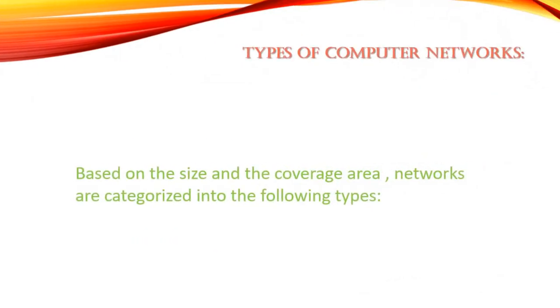Now next part, that is a type of computer network. Now basically this type is depend upon the size as well as coverage area. So let's see the different categories of it. First one, that is a PAN.